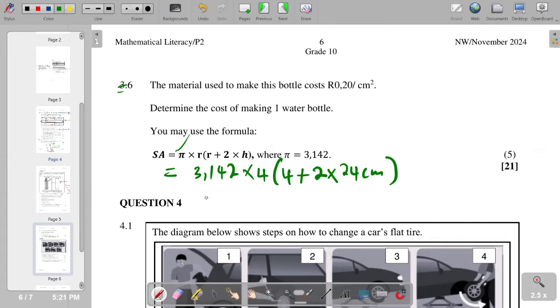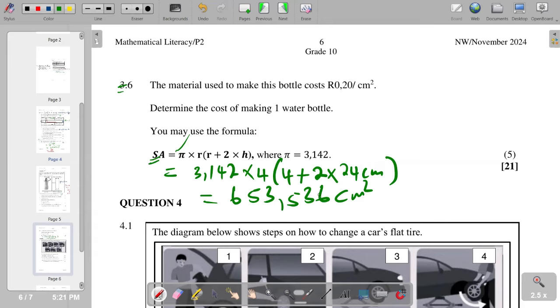So this is the calculation that we have. If you calculate, you see that we're going to get 653.536 square centimeters. Remember, this is the formula that is used to calculate the surface area, so it becomes square centimeters.